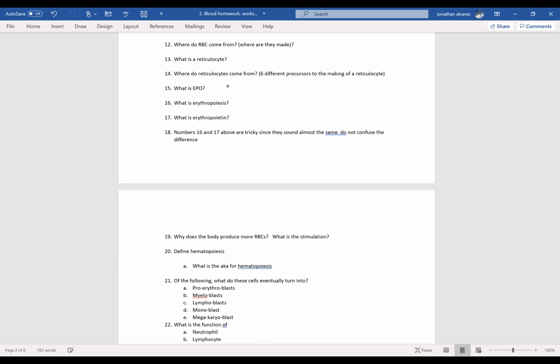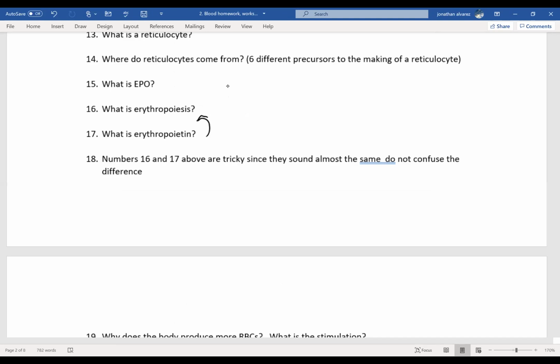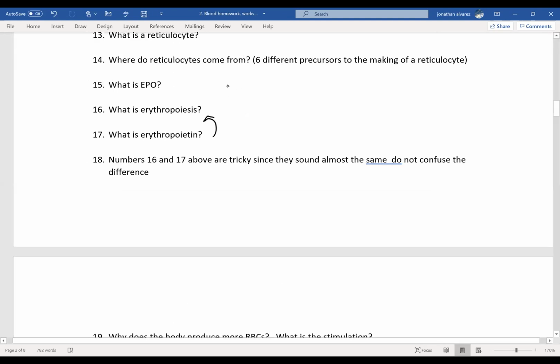EPO is erythropoietin, which is the hormone that causes erythropoiesis. Erythropoiesis is the making of the red blood cells.